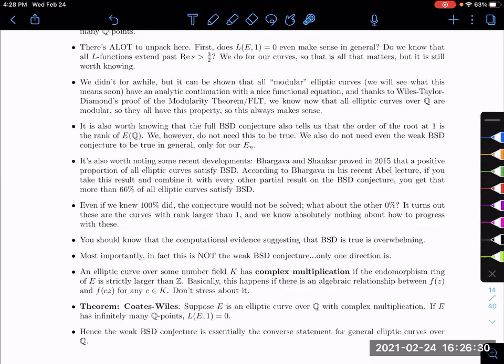All that you really need to keep in mind is an elliptic curve with complex multiplication sort of has extra multiplicative structure on it, in the sense that there's an algebraic relationship between f of z and f of cz for any c in the number field, where f is the right-hand side of the elliptic curve. Don't stress about it. Complex multiplication means extra structure on the elliptic curve.